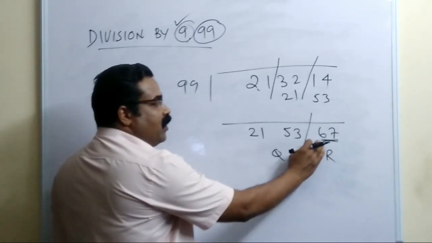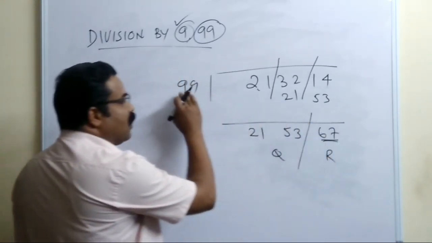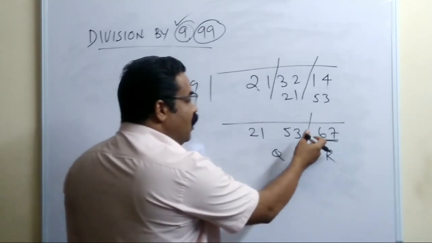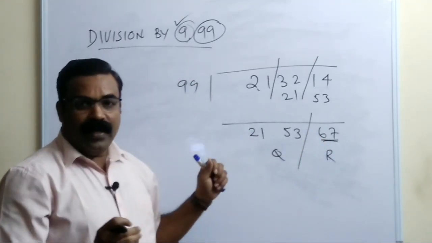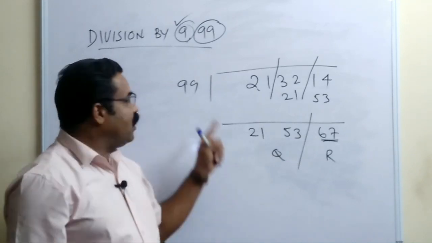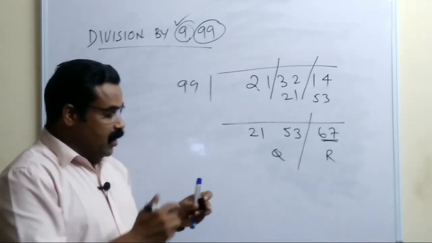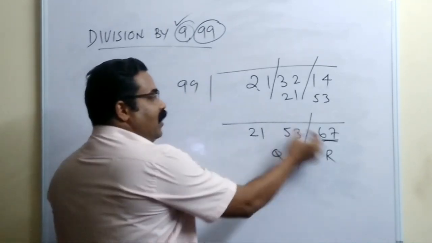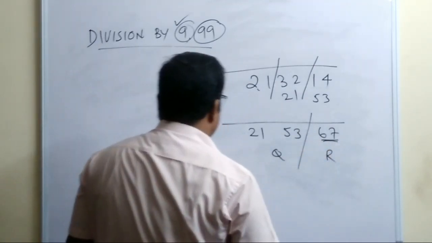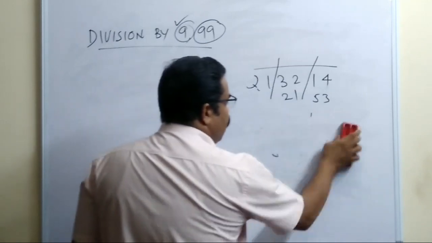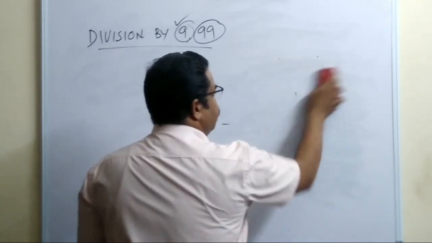Here directly you can take it, because 67 is a number less than 99. So definitely a remainder of 67 is possible when you divide a number by 99. The remainder will always be less than 99, isn't it? So when a number more than 99 comes in the last part, then only you have to be a little careful. We'll go with one more example where we'll get a number more than 99.